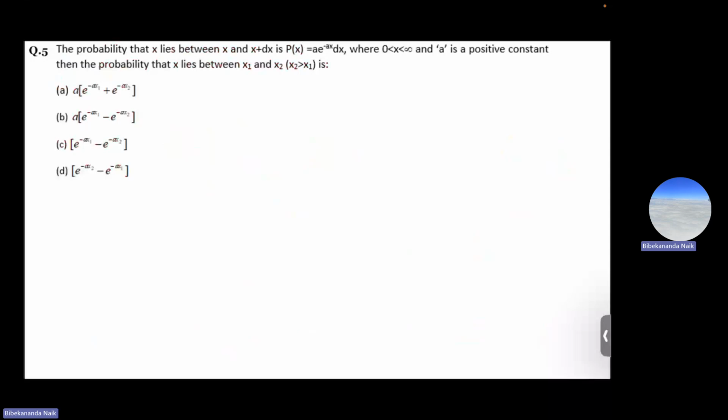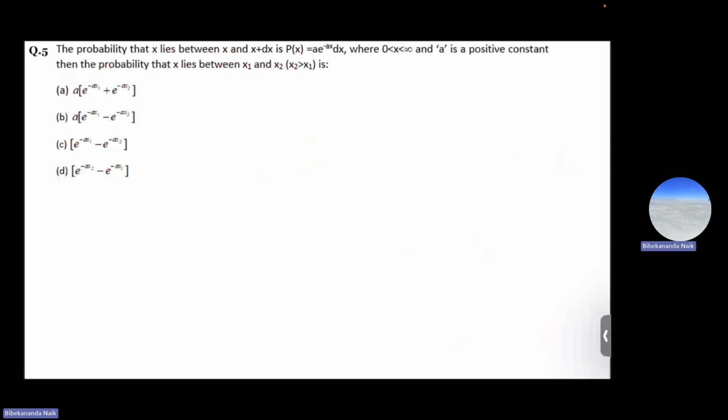Question number 5 says the probability that x lies between x and x plus dx, that is p(x), is a e to the power minus ax dx, where x ranges from 0 to infinity and a is a positive constant. Now, what will be the probability that x lies between x1 and x2, where x2 is greater than x1?